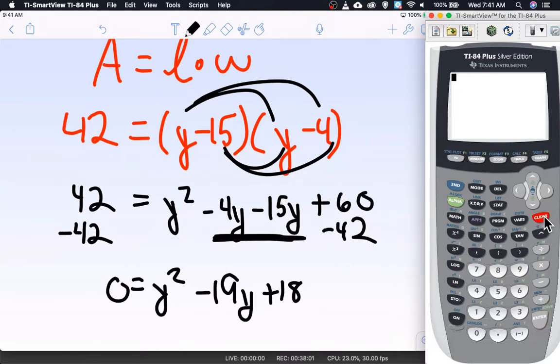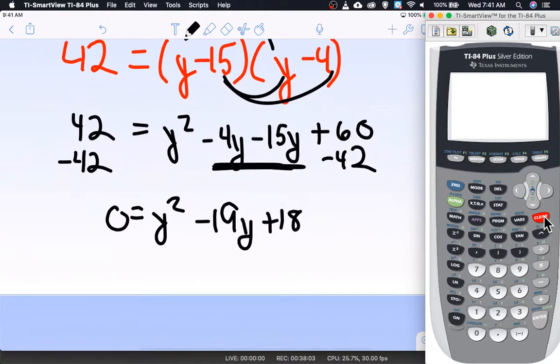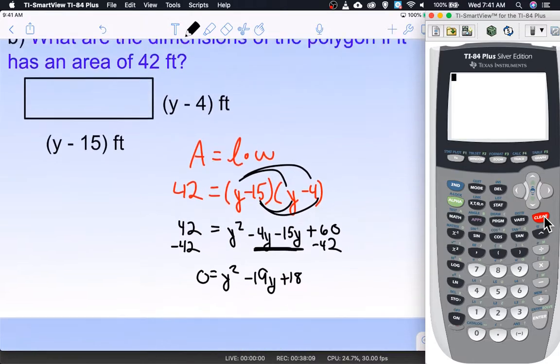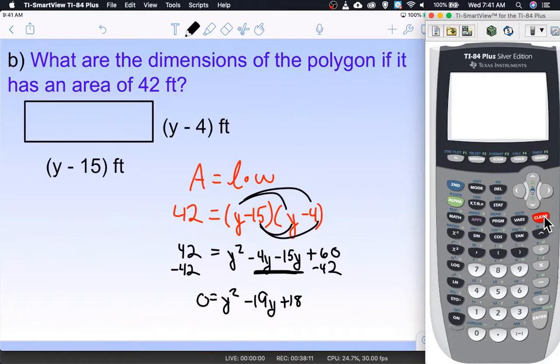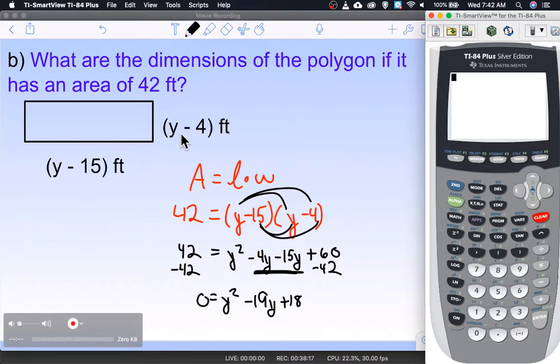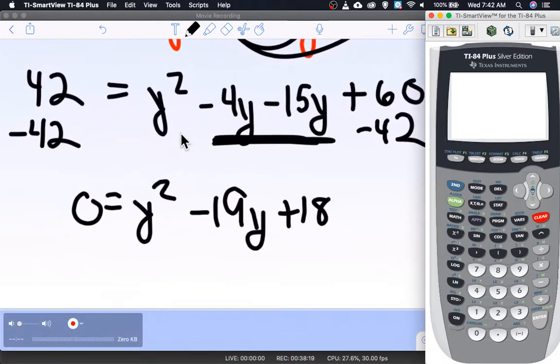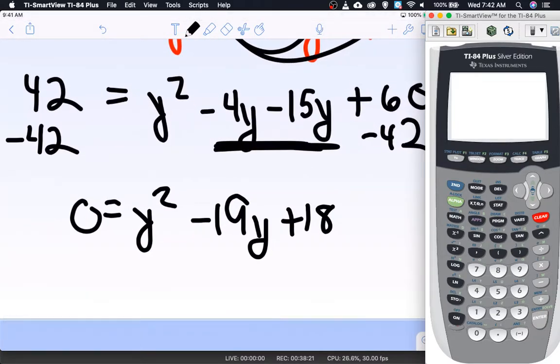All right, so now I've got this. I need to factor and solve. Like, we want to know what are the actual dimensions? Is it 3 feet, 8 feet, 12 feet? Not this junk with variables and stuff. Now, from here, we should be able to factor and solve.